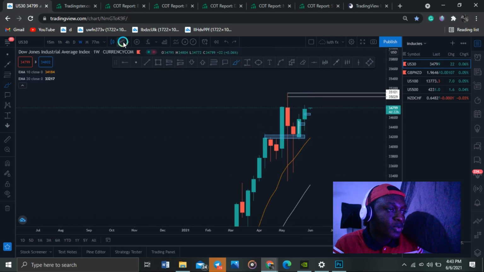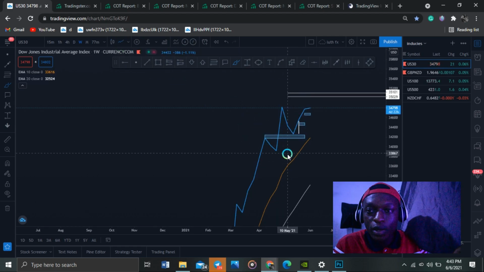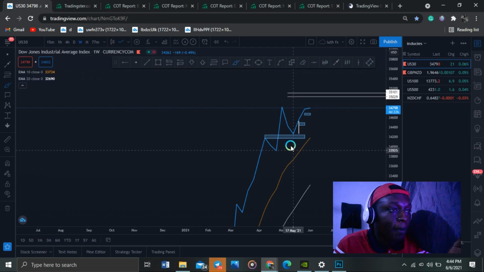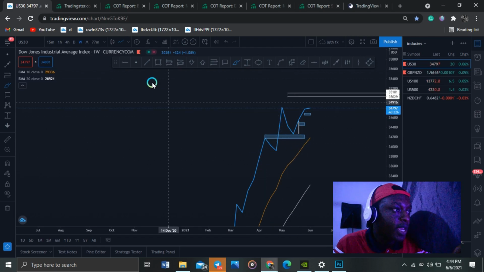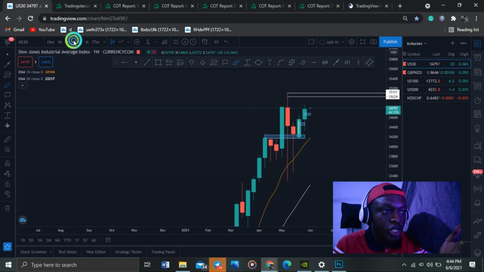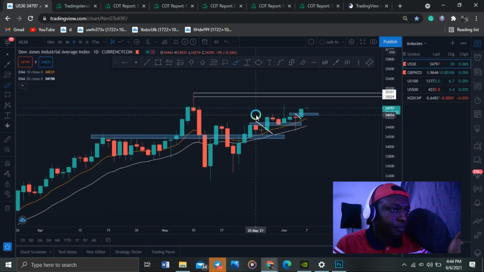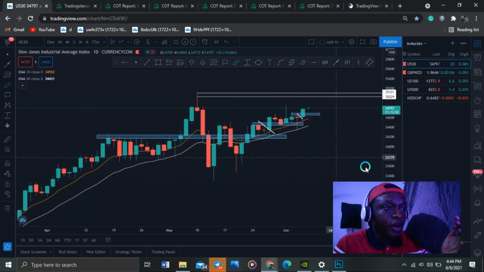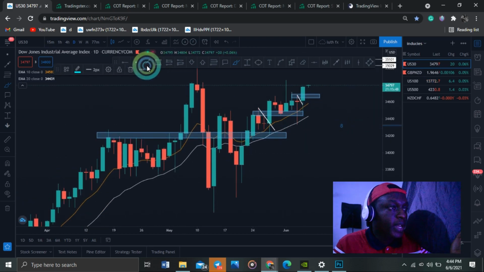It becomes even clearer when you switch to the line chart: a nice break and retest on the weekly time frame. So everything looks very bullish on the weekly time frame.